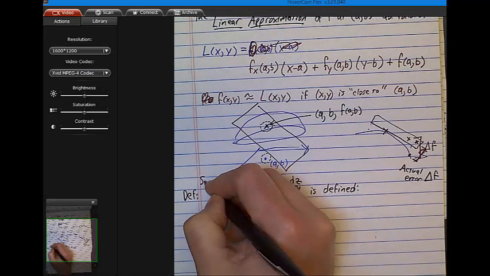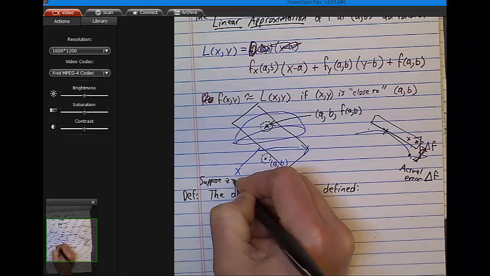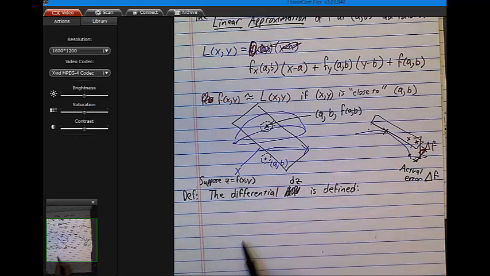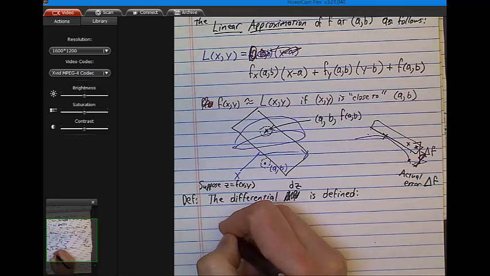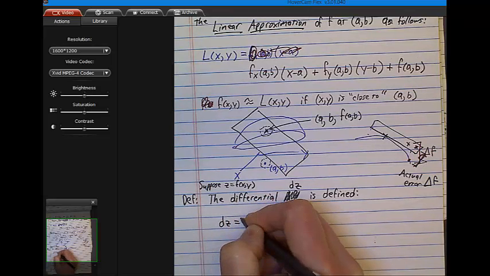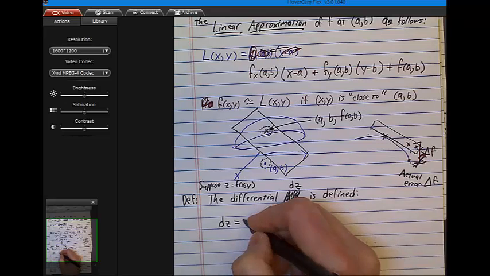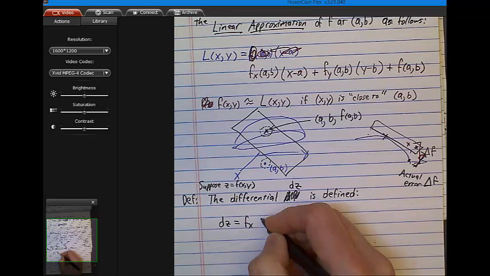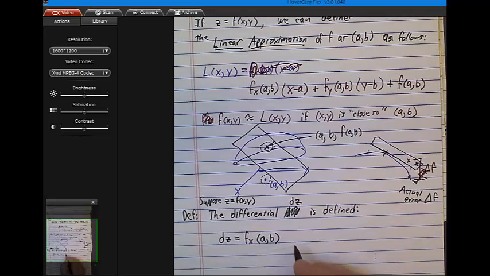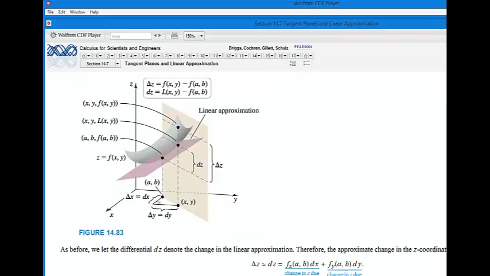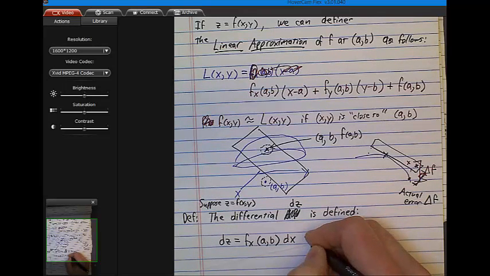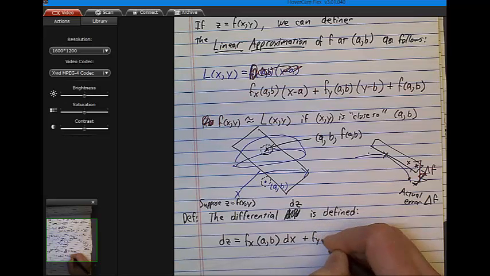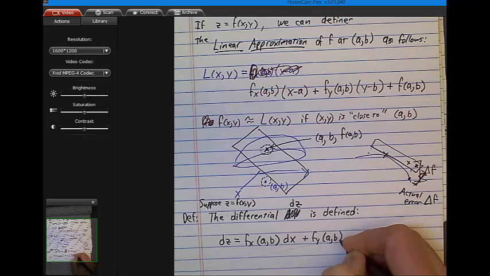So suppose z is a function of x and y. Then the differential dz will be defined this way. dz is the x partial derivative at AB times dx plus the y partial derivative at AB times dy.